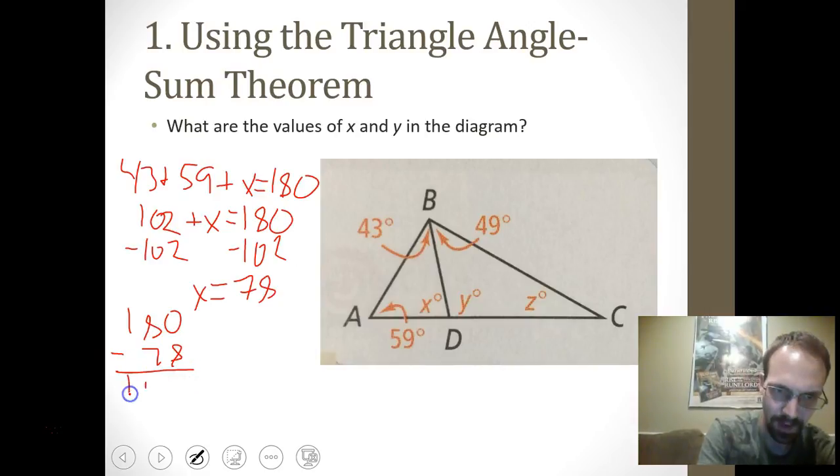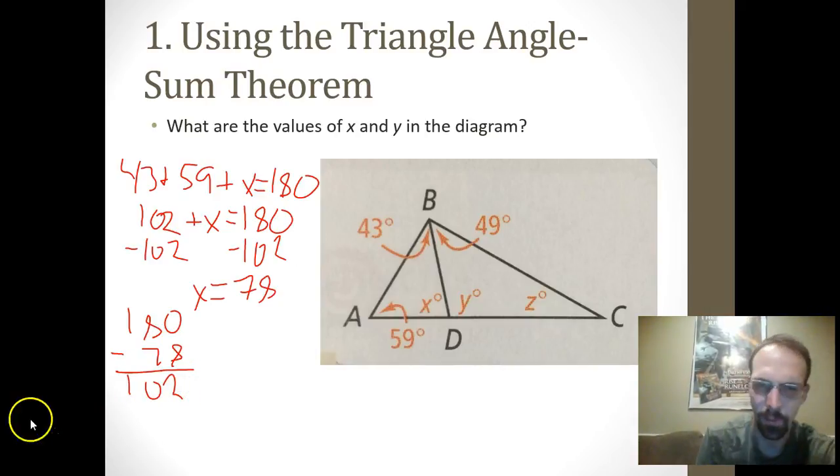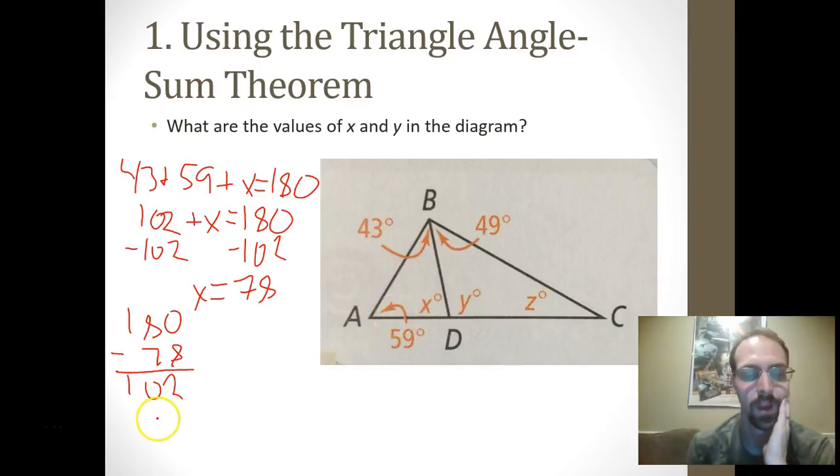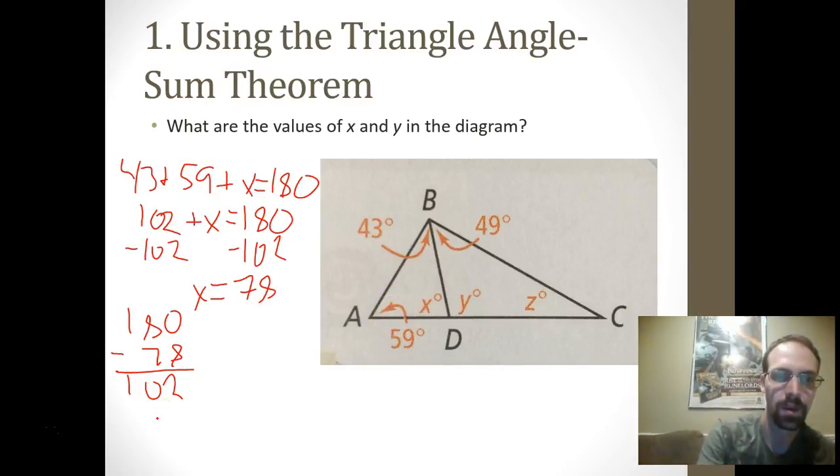And you get 102. That's kind of weird because 102 degrees is the exact same measurement as this one here and that one here. So that's an odd thing. We'll see what's going on with that here in a while. So we have equals y.